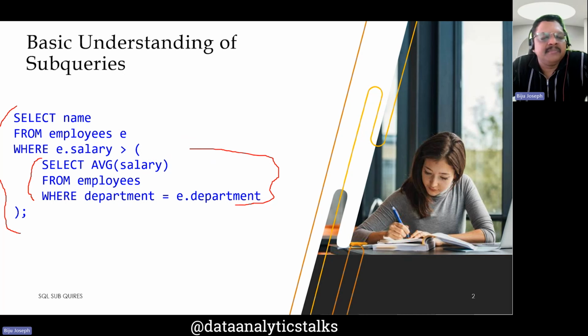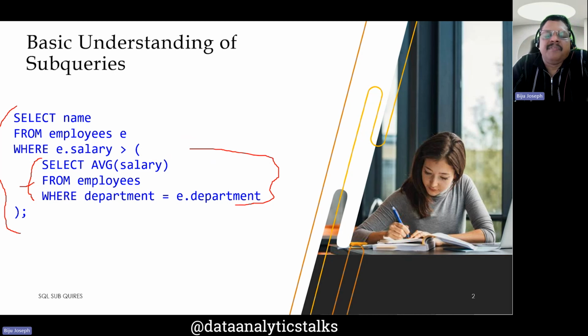So select name from employee E where E dot salary is greater than the average of the department salary. In order to get the average of the department salary, we have written a subquery. The basic understanding of any subquery is that it is a query nested inside another query. So the statement will be either select, insert, update, or delete.